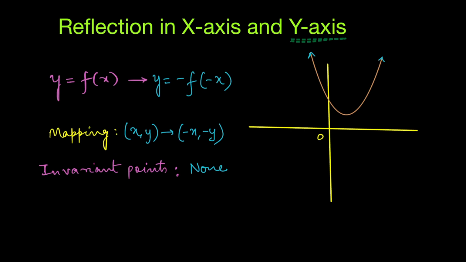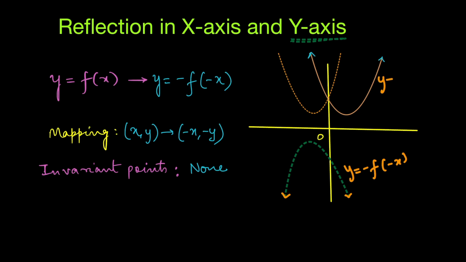So let us first make the reflection in y-axis this time. So we draw the graph this way. And now when we reflect it in the x-axis, you can see it will look like this one. So this will be the final graph, which is y is equal to negative f of negative x.